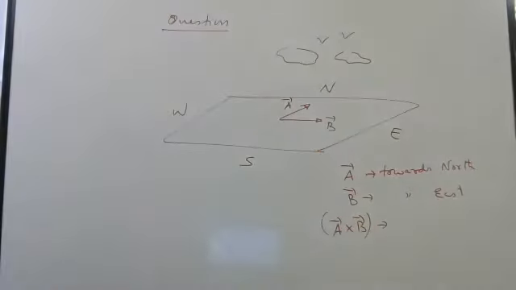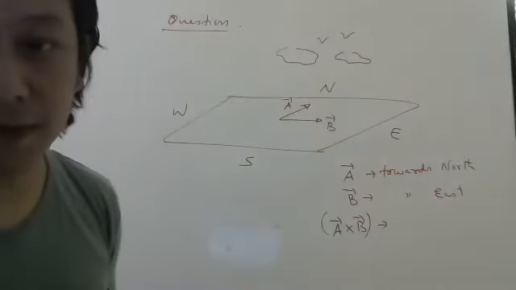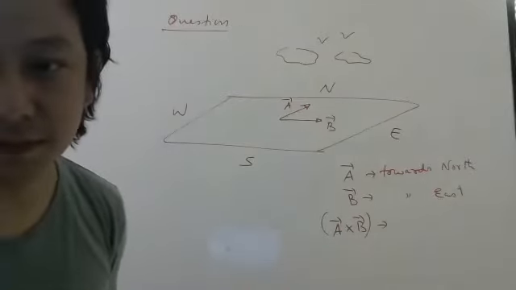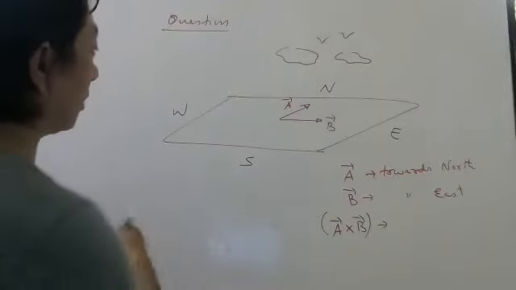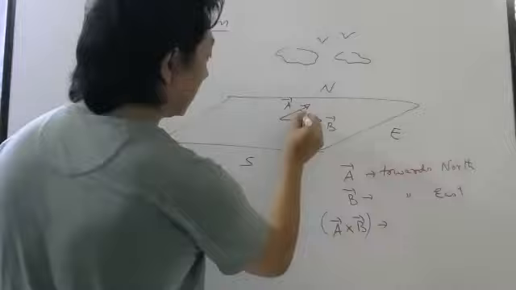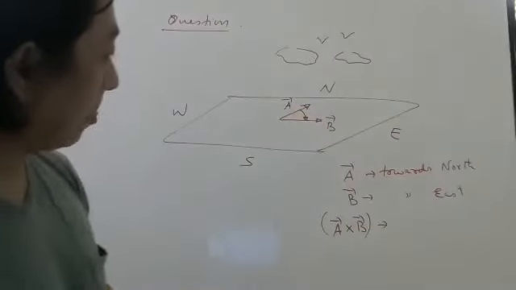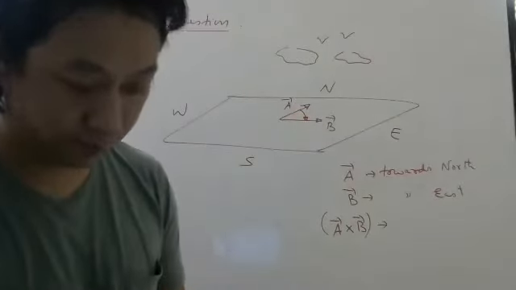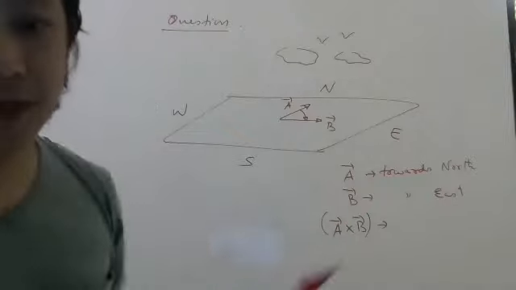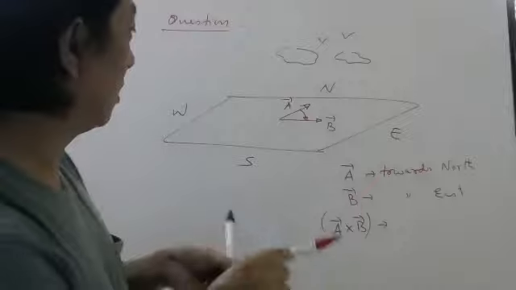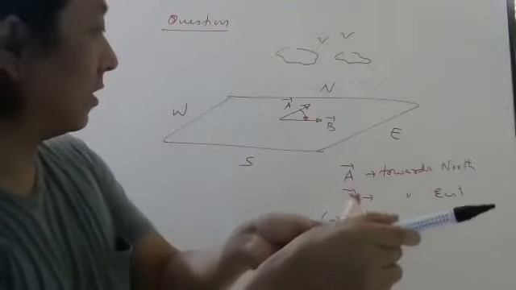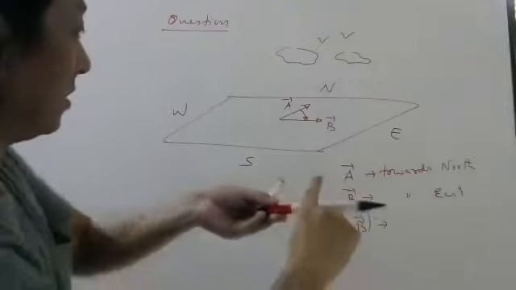First find the plane. Up or down? Again, you have to rotate this way. So this is your A, this is your B. A is here, B is towards east this time.